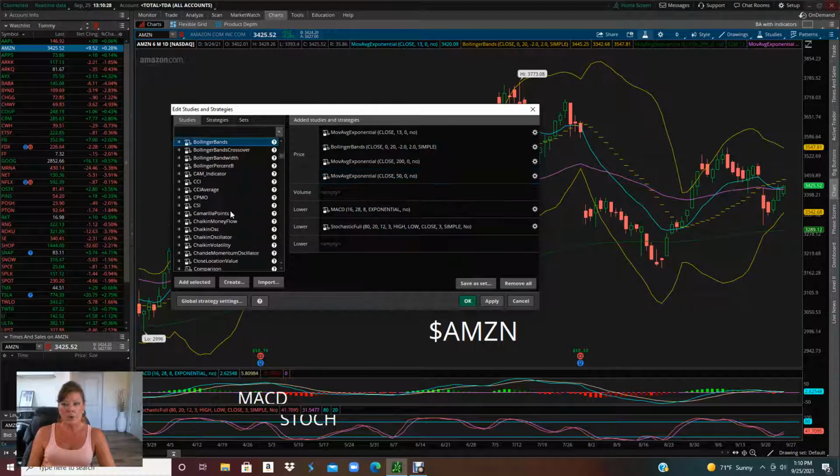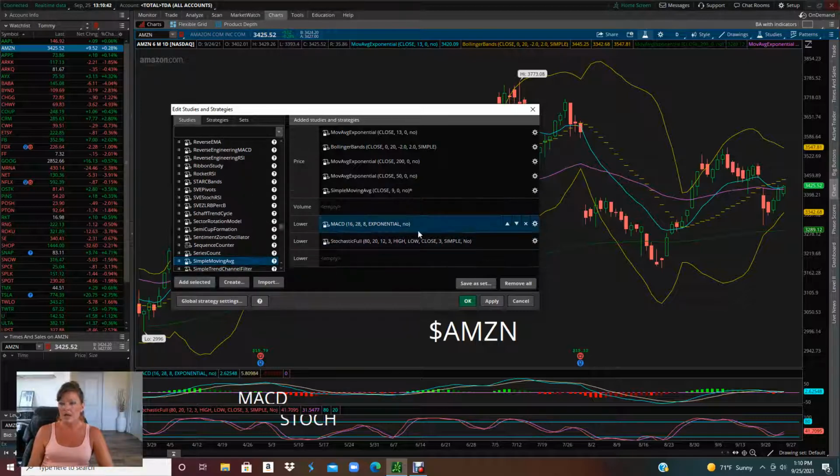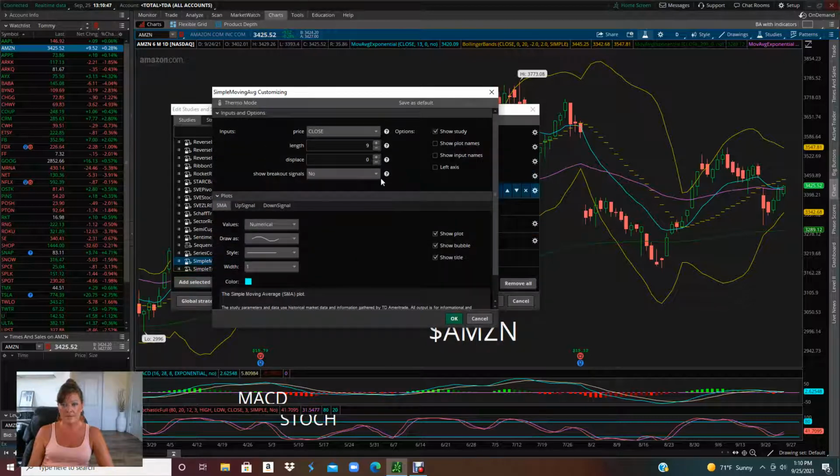But if I were to go over here to my S's for simple moving average, give me a second. Simple, SI. Simple moving average, click it. Now it defaults to 9, so I'd have to change it to 20. Go to my little sprocket, change it to 20.